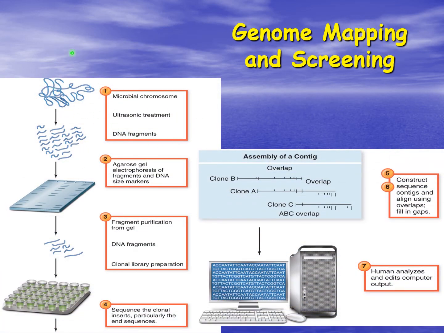So we'll take the entire chromosome, chop it up into pieces, put it into the electrophoresis, and then take those individual pieces and make these sequences and then clone them in a clonal host. And then we look for overlaps in the plasmids that are taken from these clonal hosts. And then the human analyzes the edited computer output to make sure that there are no errors in the overlaps.